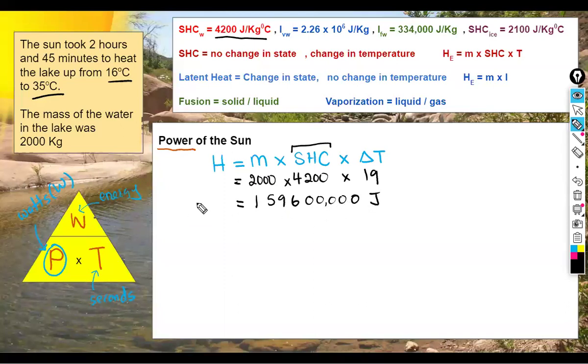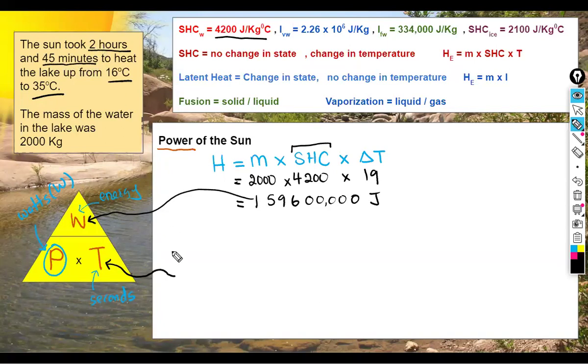Joules. So here's what we have: the energy. This is the energy or work, but we want to calculate power. We're almost there. We just need the time now, but time has to be in seconds. For spite, I gave you hours and minutes.